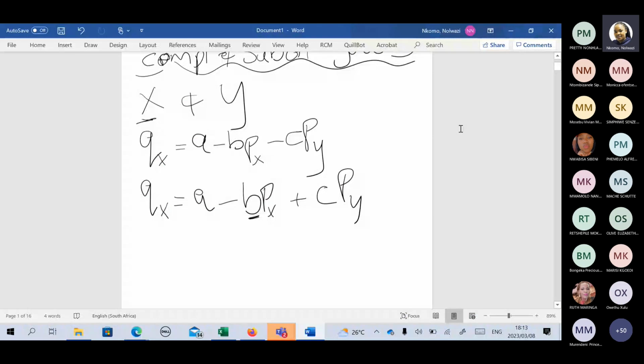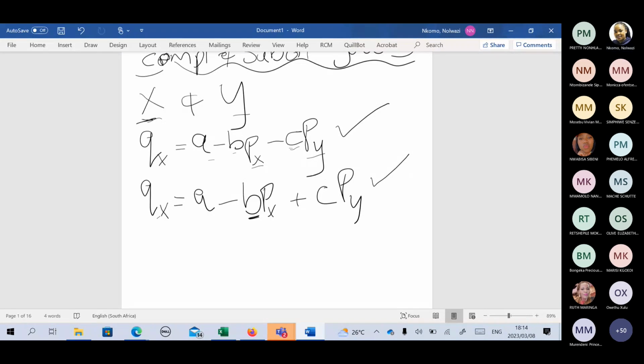Let's continue. If goods X and Y are complementary, then the demand for good X would be given by this equation, whereby A, B, C are the constants, PX is the price for good X and PY is the price for good Y. And if these two goods are substitute goods, the demand for good X will be given by this function.